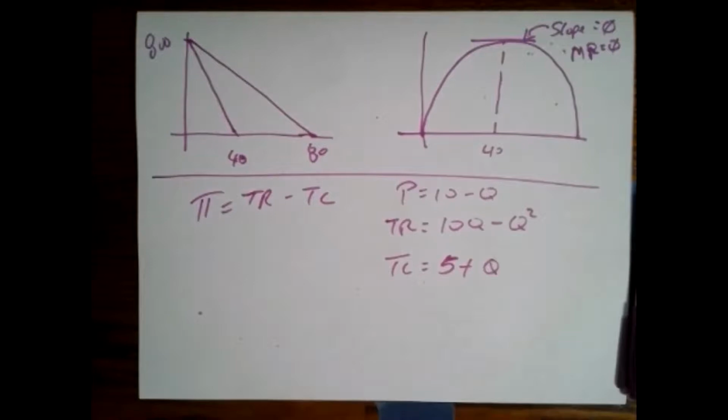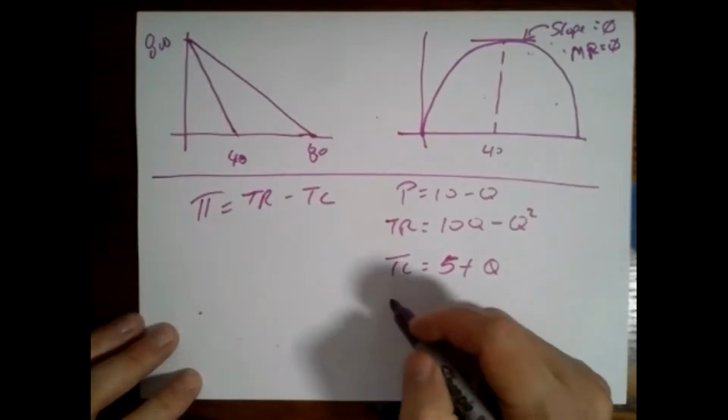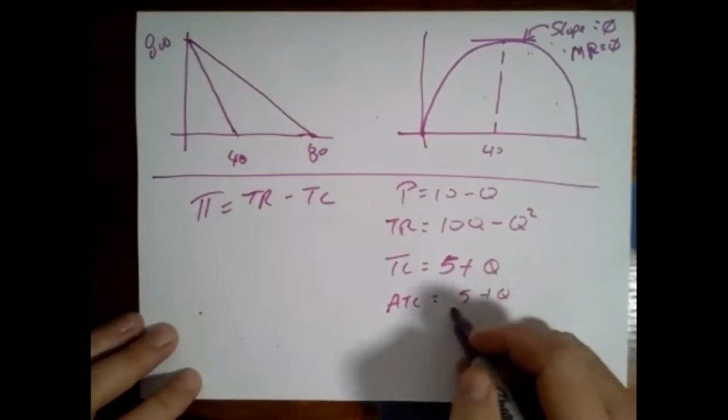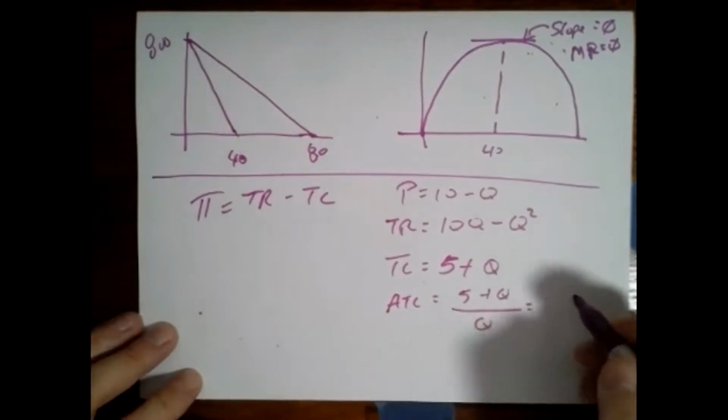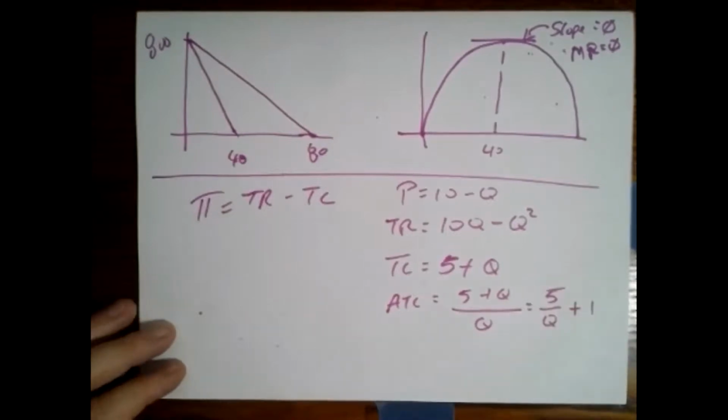If I was going to graph that, 5 plus Q as an average total cost, that's going to be 5 plus Q over Q. So that's the same thing as 5 over Q plus 1.